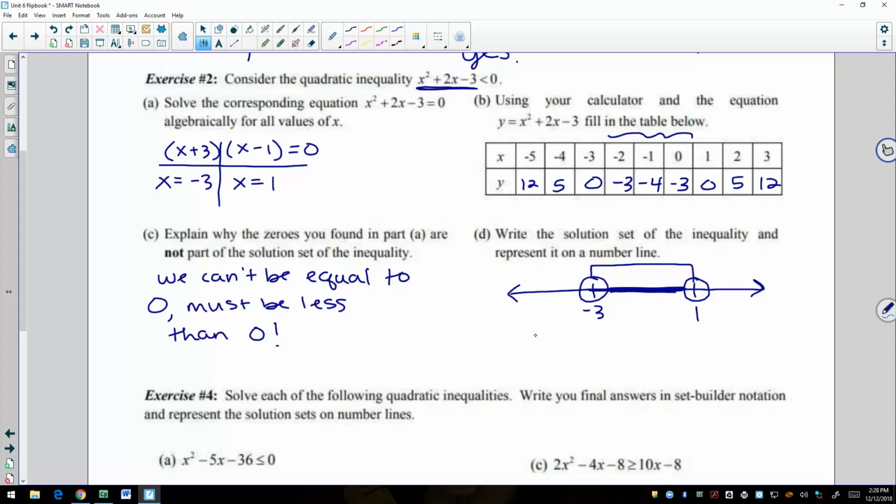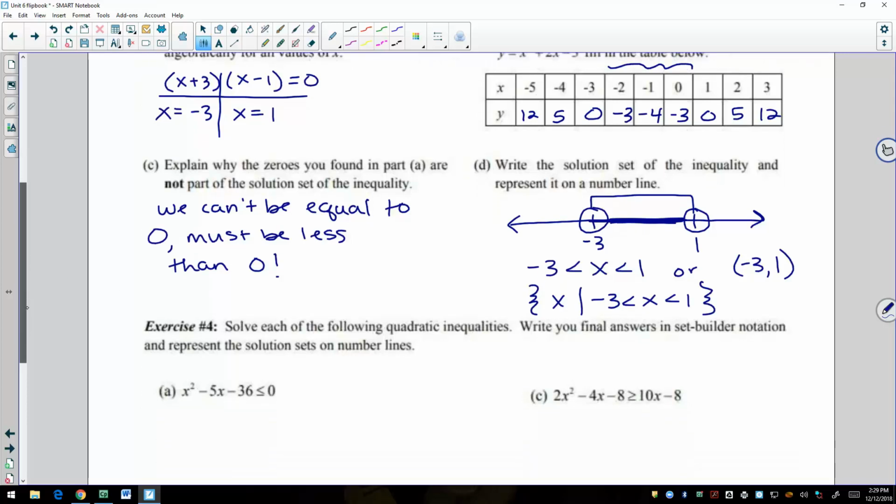Interval notation, you could say it has to be all the x's that are bigger than -3 but less than 1. Or you could use this notation. We want to go from -3 to 1, and I'm doing curved because I can't include it. And then set builder would be all of the x's such that x is bigger than -3 and less than 1. So it's kind of taking the interval and putting it into set builder.